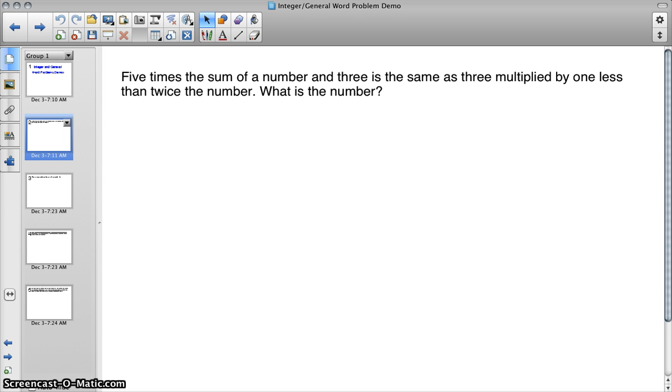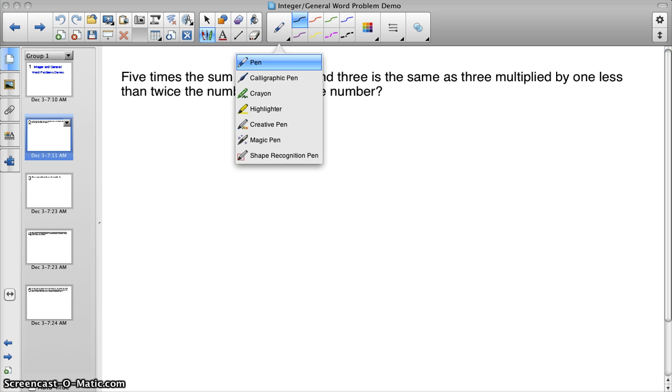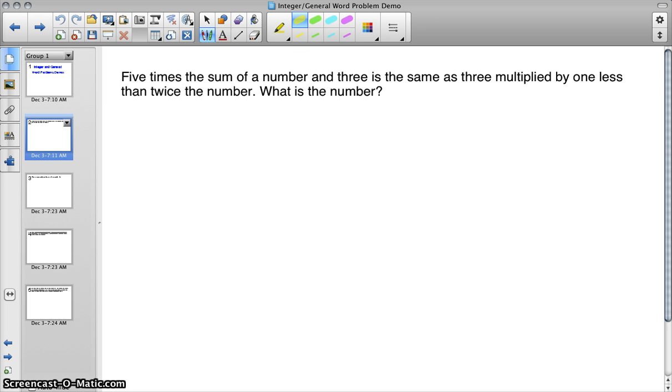What is our number? So, first thing we need to do is make sure that we identify all of our operations. So I'm just going to grab my highlighter, and anywhere I see an operation, I'm just going to color it in for right now.